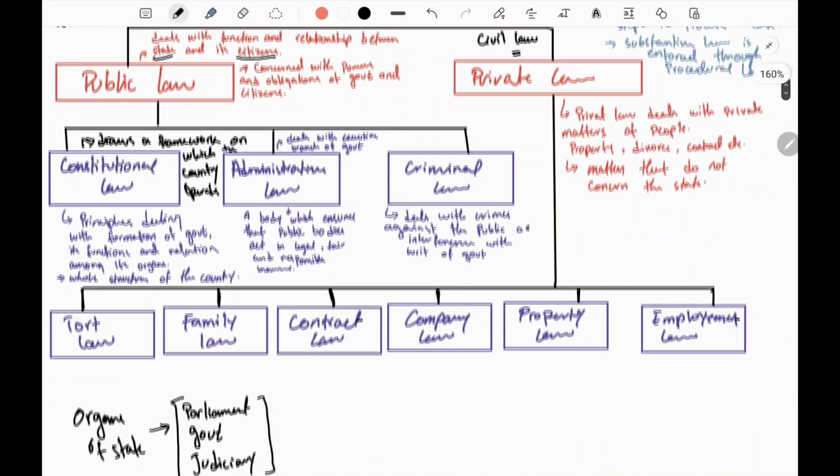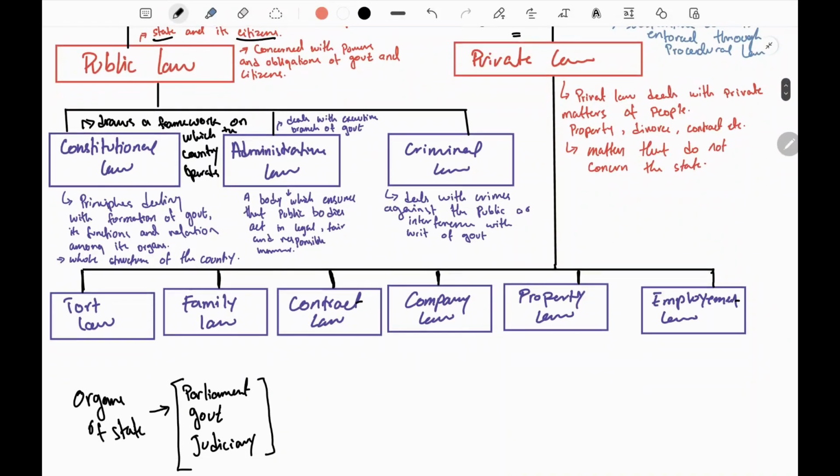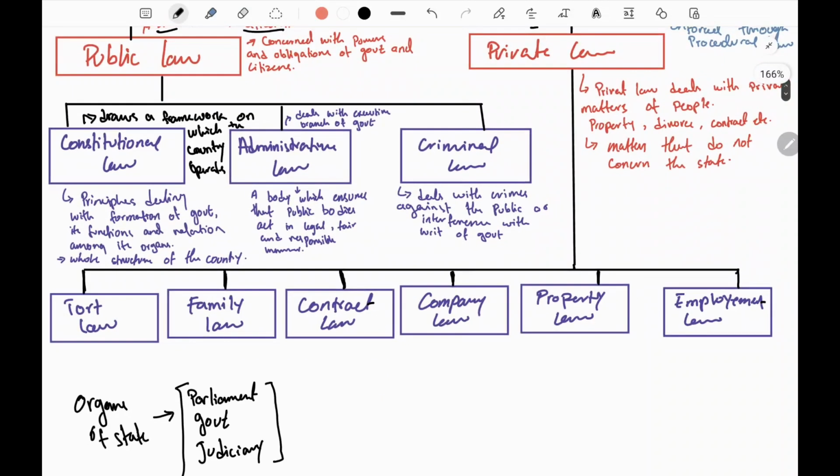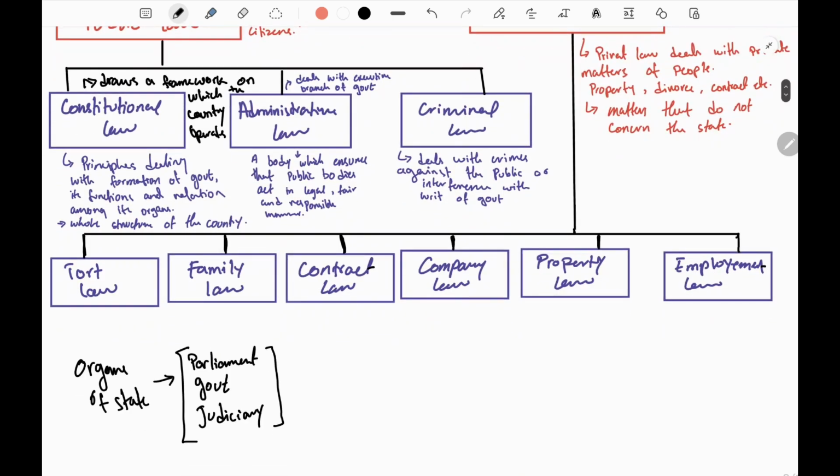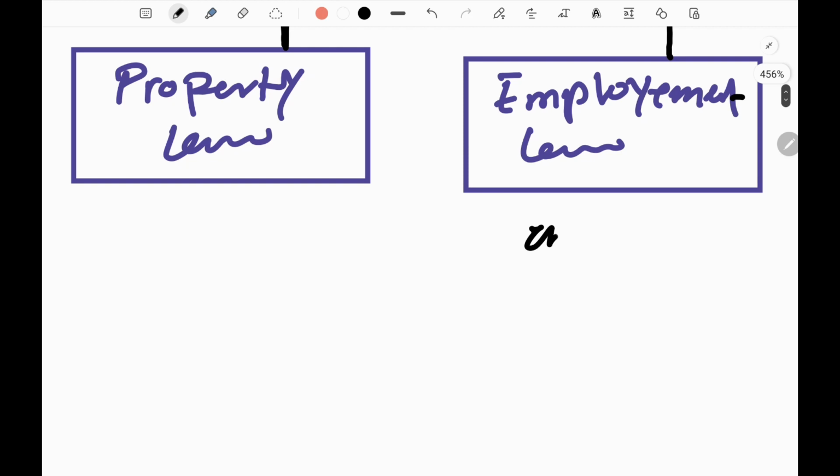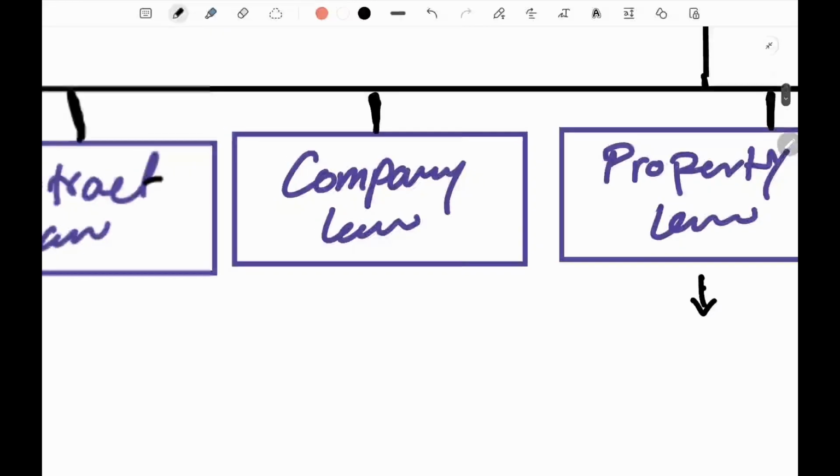That is private law. And further classifications for private law are, for example, tort law, family law, contract law, company law, property law, employment law. Those are pretty self-explanatory. Employment law is the laws related to employment, for employees or the employers, all that.